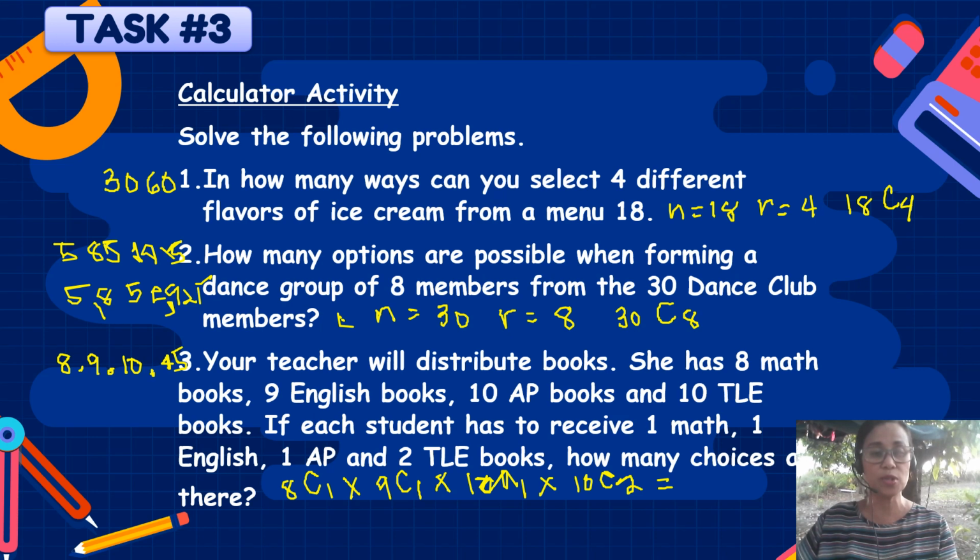The number of options that the homeroom teacher will have is equal to 32,400 ways to distribute the books to her students. Okay, so I hope that my lesson about solving problems about combination is clear to you.